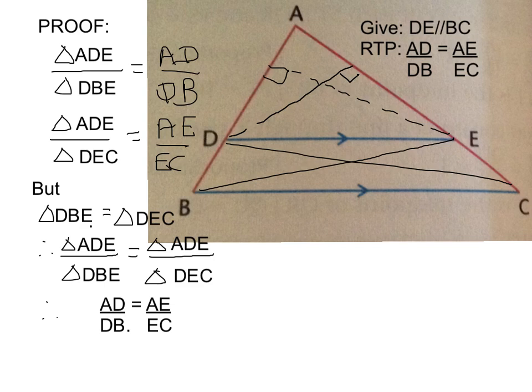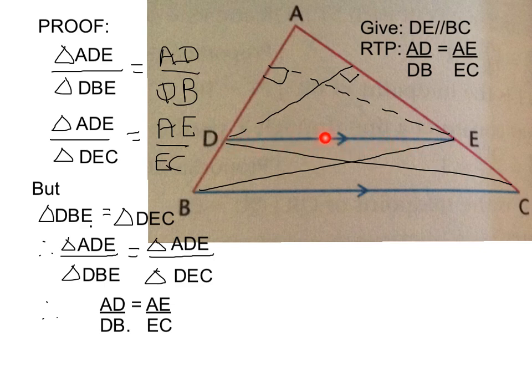Now, what we need to understand is that we have the two parallels over here, which have the triangles DBE and DCE lying between them, which means those two triangles have got the same height. However, those two triangles also have equal bases.